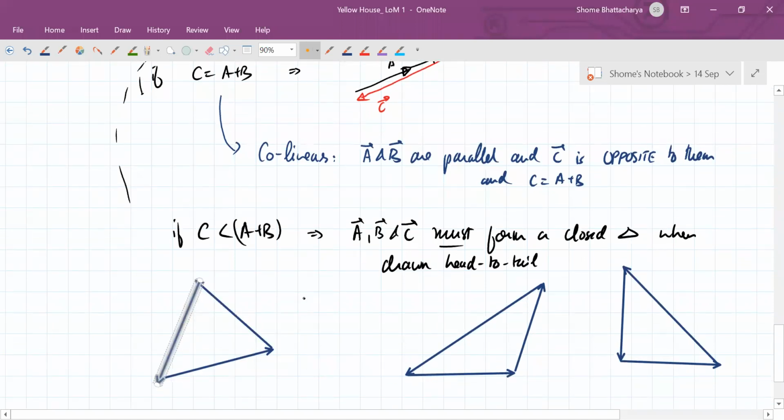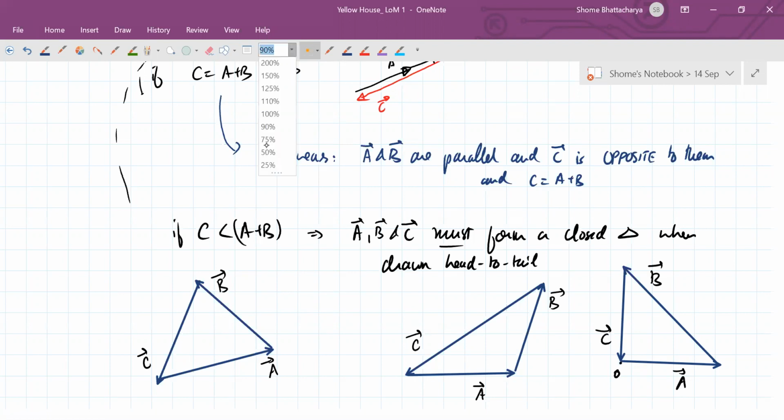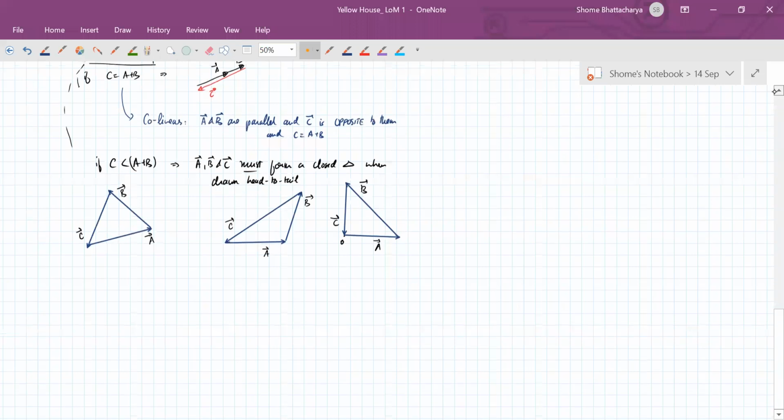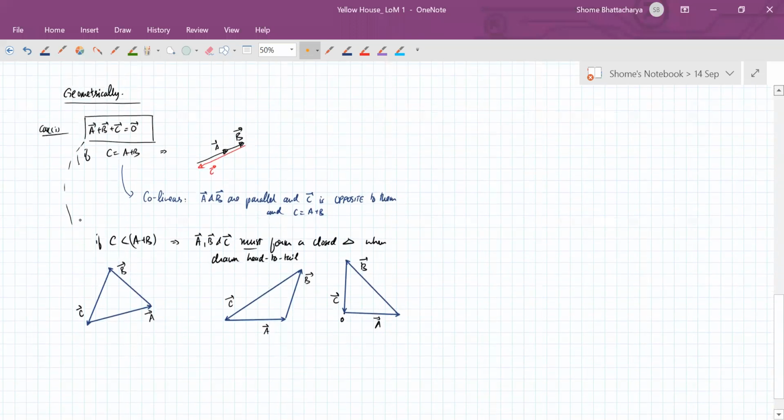But ये सारे केस में what is happening, if the resultant is zero, then drawing A, B and C head to tail must result in coming back to where we started. When we draw A and then B on its head and then C on its head, on reaching the head of C, we must come back to the origin where we started from. That's the only way the resultant is becoming zero. You understanding? So another thing you can understand here that, ठीक है, यही दो केस बनेंगे इसमें.